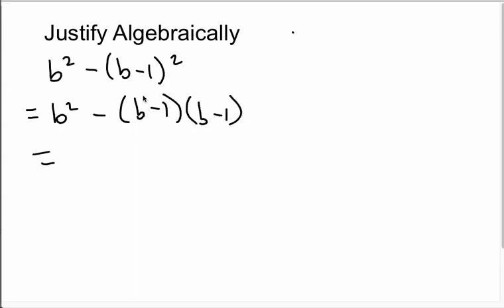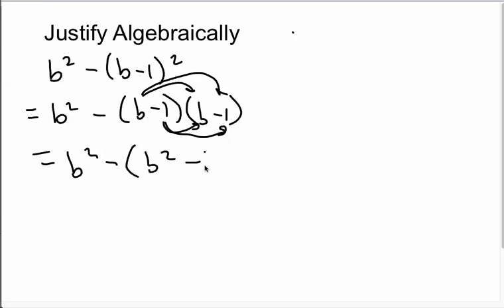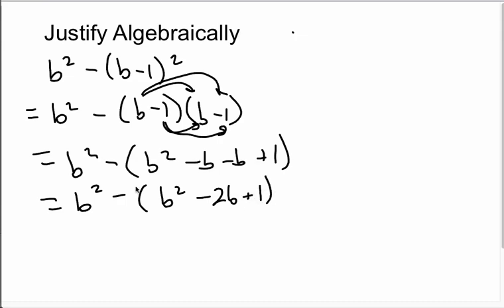Okay, then we can multiply this out using the distributive property. So we have b squared minus [b squared minus b minus b. Negative 1 times negative 1 is positive 1]. Okay, we can simplify what's in the brackets, and we have minus [b squared minus 2b plus 1]. Okay, so this negative here means everything inside the brackets is going to be negative, or you can think of it as a negative 1 and use the distributive property.